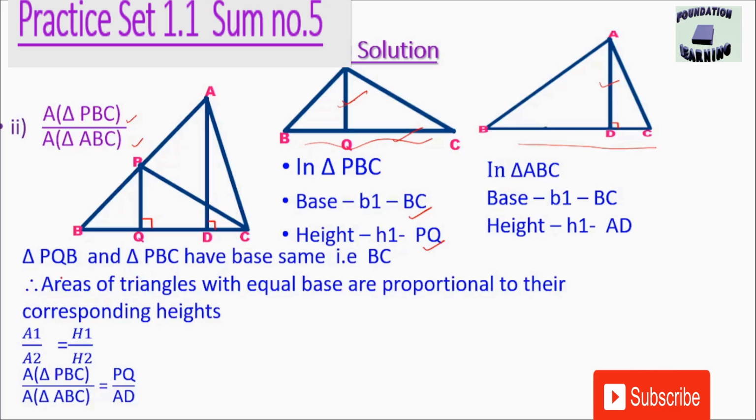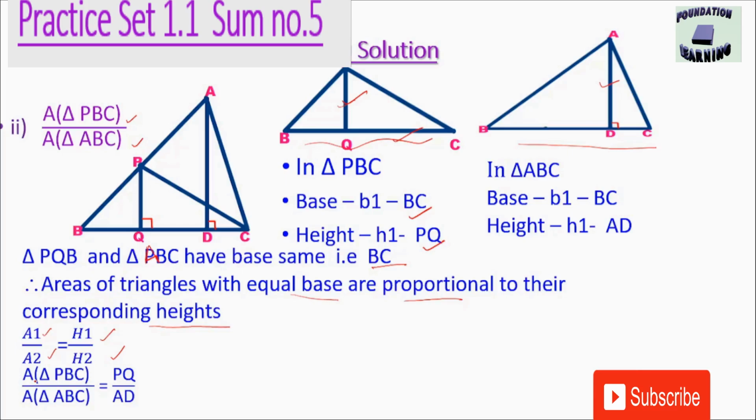In triangle PBC and triangle ABC, they have the same base, that is BC. Therefore, the areas of triangles with equal base are proportional to their corresponding heights. Therefore, we take A1 upon A2 is equal to H1 upon H2.